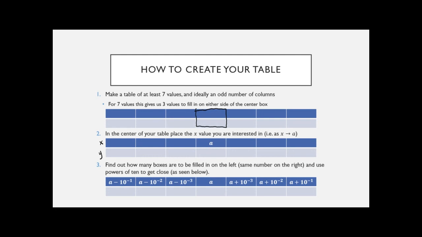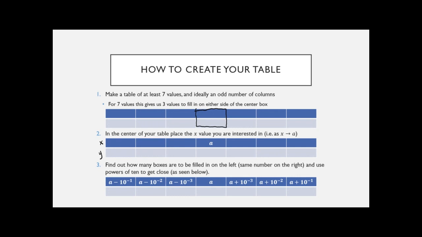Then your whole goal when you create a table is you want to get really, really close to the value you're interested in. But how do you determine how close you get? The best way to do it is with powers of 10. You're basically adding powers of 10 to the left and to the right. You're subtracting when you're on the left, and adding to the right.